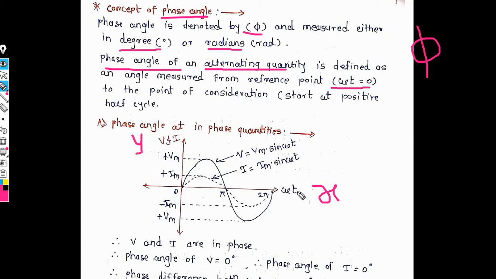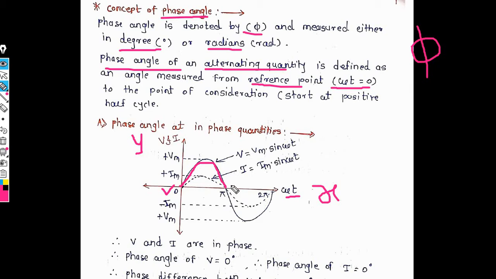Omega t, that is time, is equal to 0. Starting from 0 is called the reference point. So the phase angle of an alternating quantity is measured from the reference point to another point of the cycle.